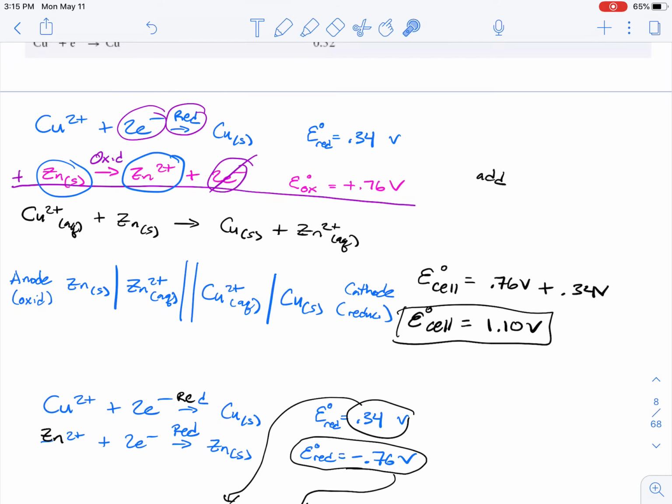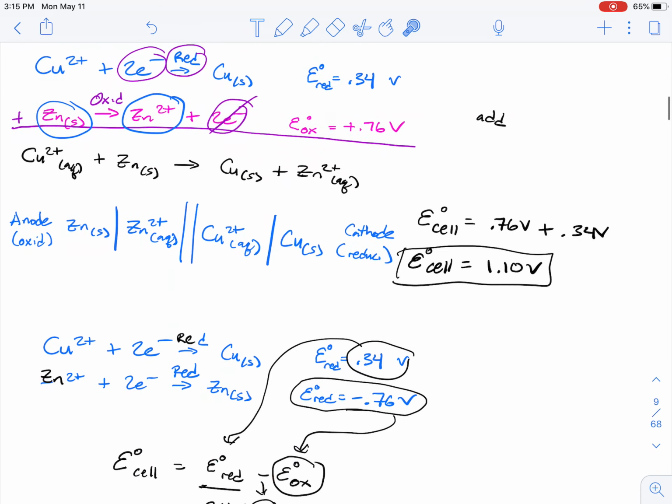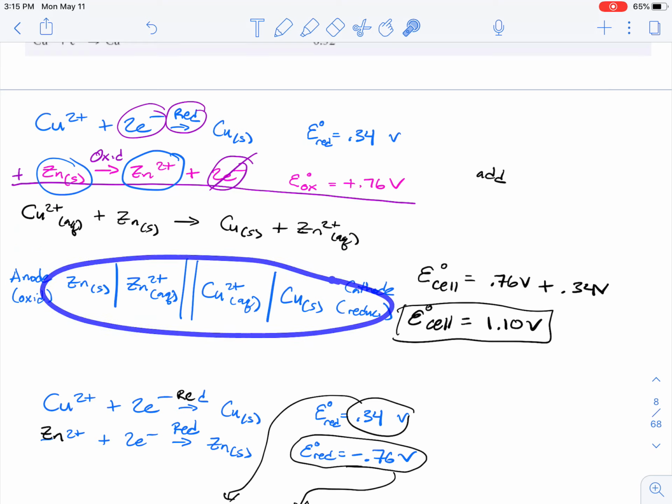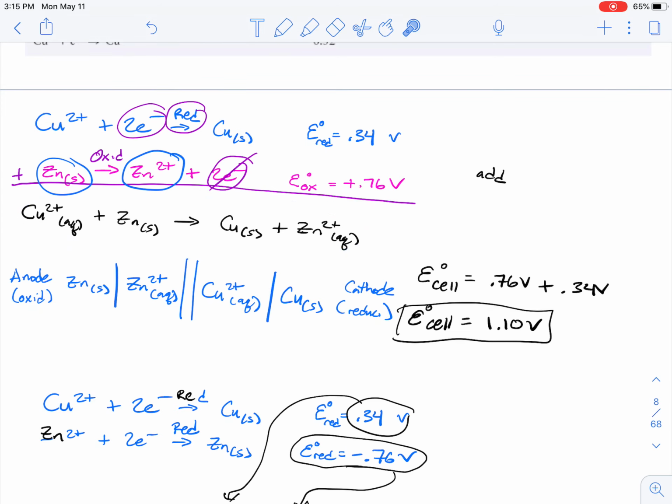So when you guys are going over these problems on your own, you want to be able to write a cell notation for these chemical reactions, or be able to go backwards, so go from cell notation to a chemical reaction.